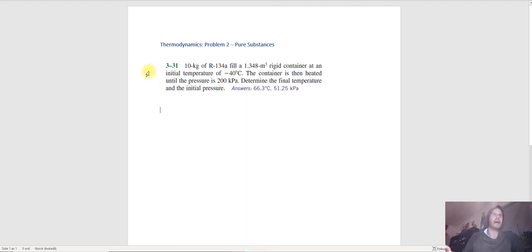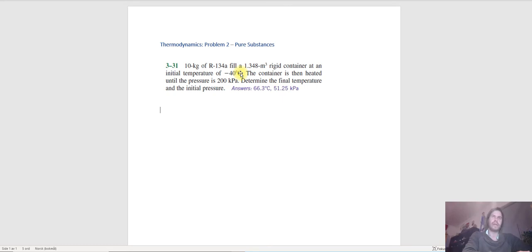We have 10 kilos of R134 in a 1.348 cubic meter container. This R134 is the kind of liquid that they use in refrigerators. It's a refrigerant.